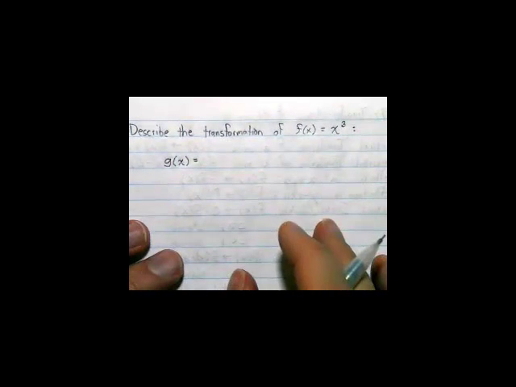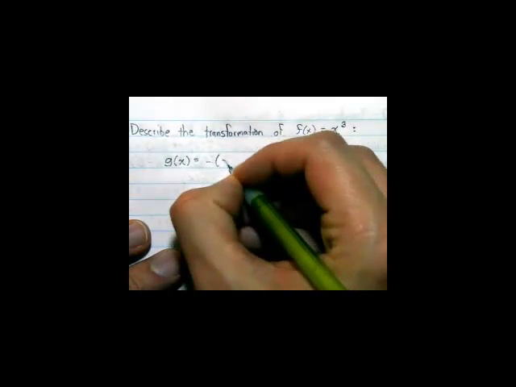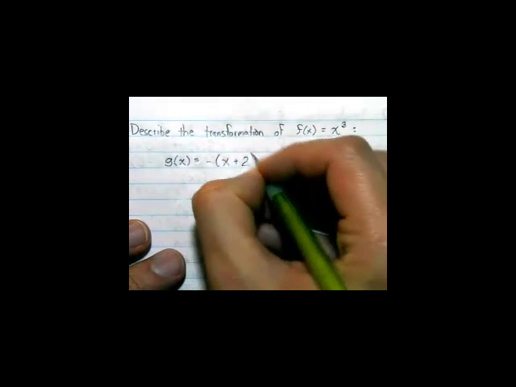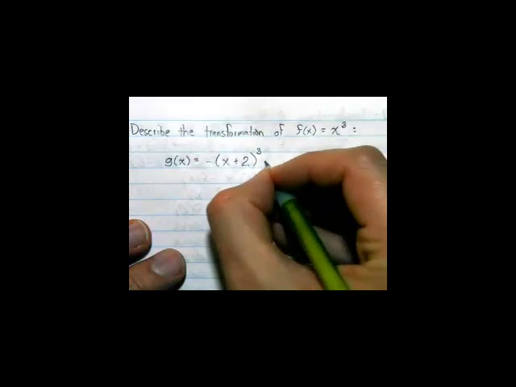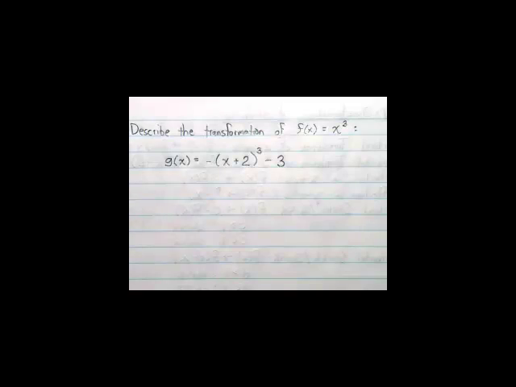And let's say g of x is negative (x plus 2) to the third minus 3. So can you tell me what happened? And can we put it in order, too? So what happened when to this thing?